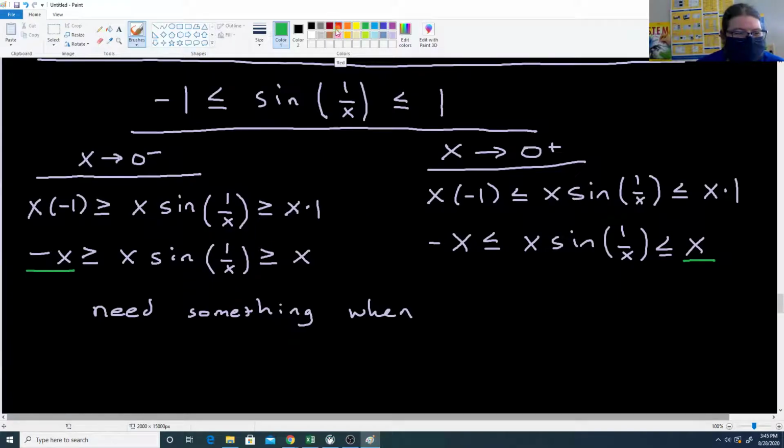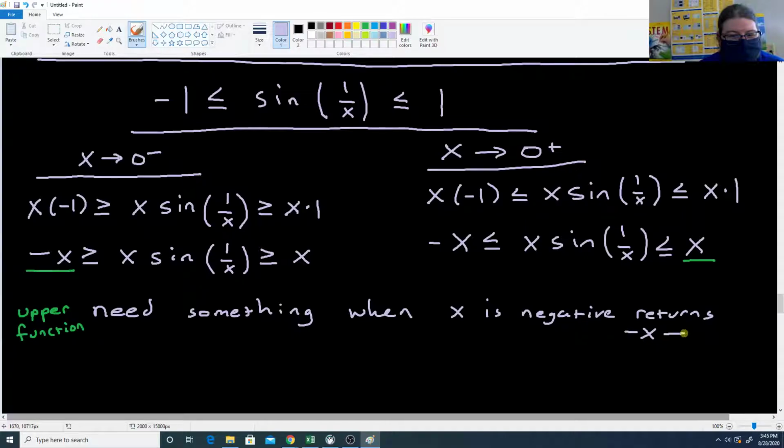So for the upper function, we need something that when x is negative returns negative x, which will be positive.